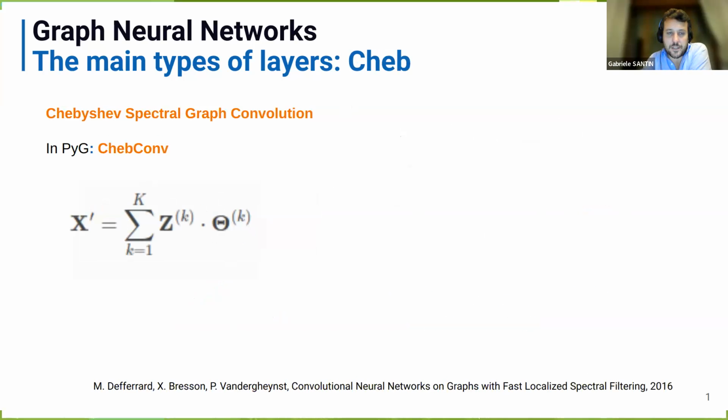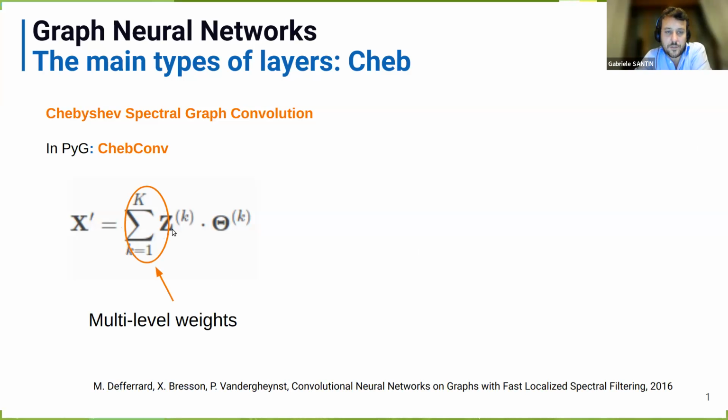The second to last is the Chebyshev spectral graph convolution. This implements an approximation of the convolution operation based on the Laplacian of the graph, and it is discretized by some Chebyshev polynomial. I don't want to give you all the details here, but the operation is performed in a multi-level way.